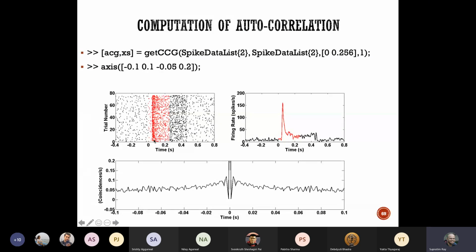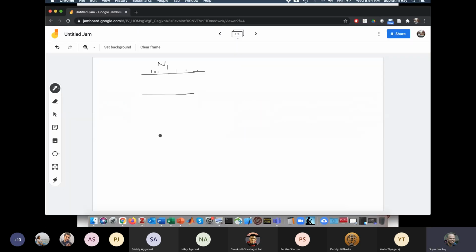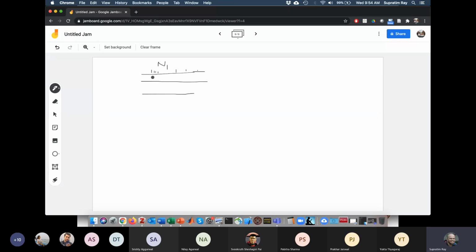Initially the firing rate is high and then it becomes lower. Because of this, if I shift this spike train by a little bit, I have a larger chance of having coincidences, because the spikes tend to be bunched up at one place and then thinning out at a different place.